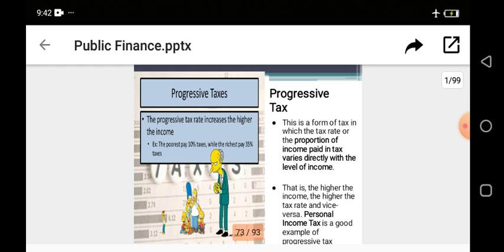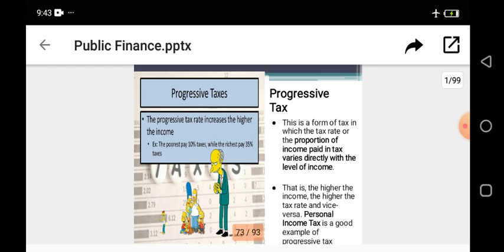It is what we call PAYE. The more you earn, the more you pay. As you've seen, progressive tax is a form of tax that encourages a form of equality, or tries to reduce the gap between the rich and the poor. So the government of a country brings this money together to provide social amenities for the citizens of the country.